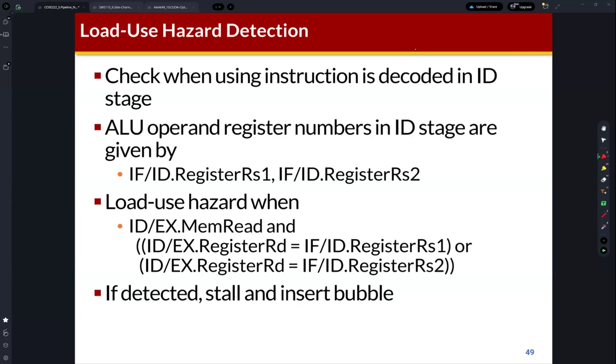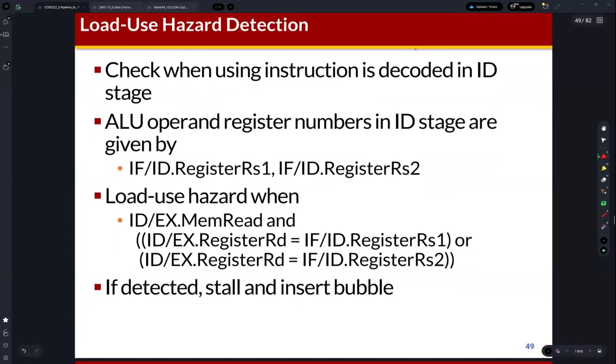I explained that we cannot avoid this data hazard because the load instruction creates the result value in the memory stage, but this result is required in the EX stage.